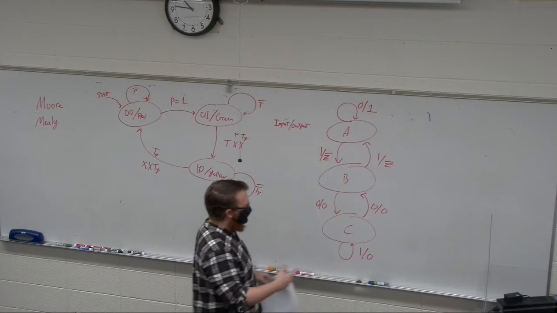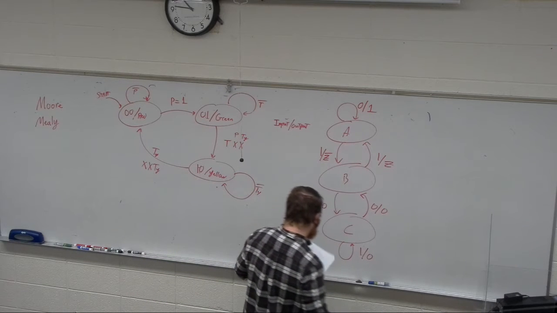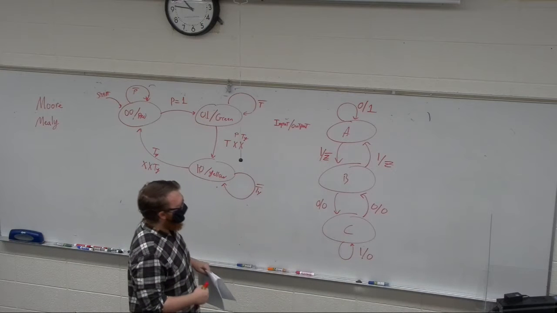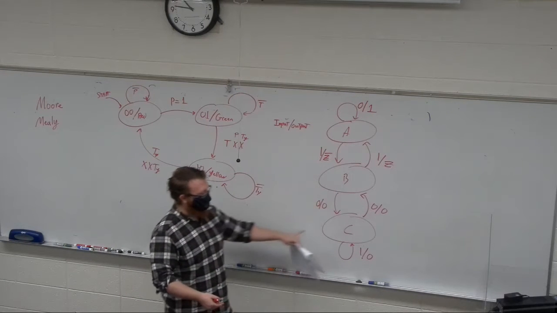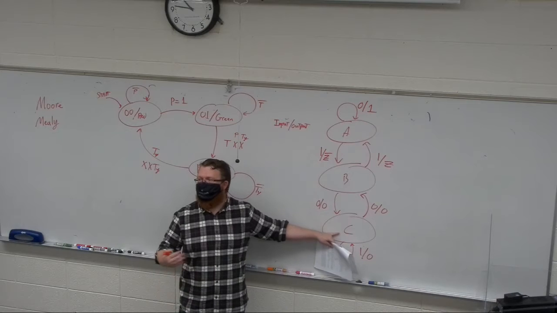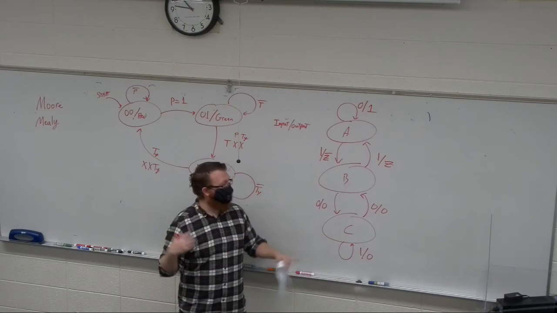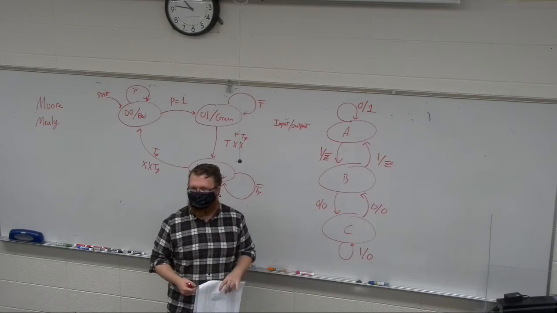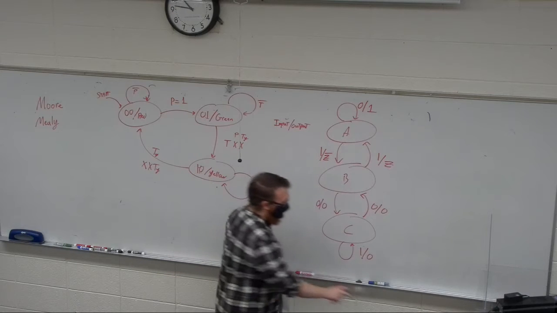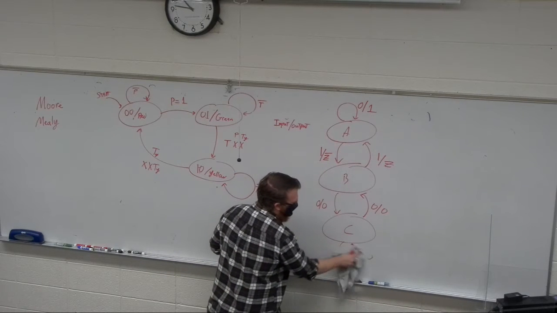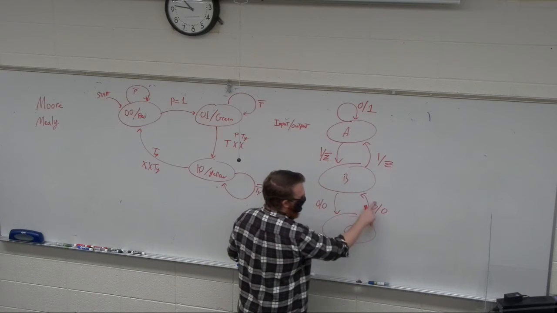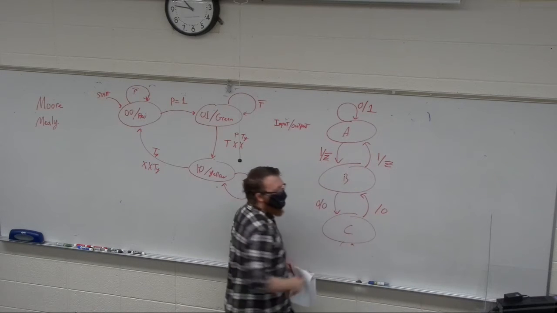Now, we could have a situation where, let's say C, no matter what, we're just going to hit C, and the next transition, we're always going to go back to B. In that case, I can use a don't care.